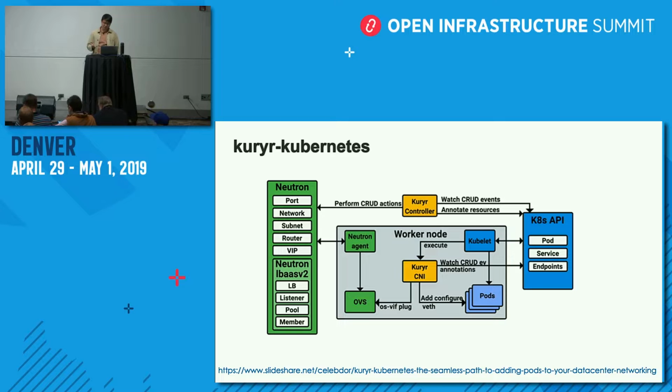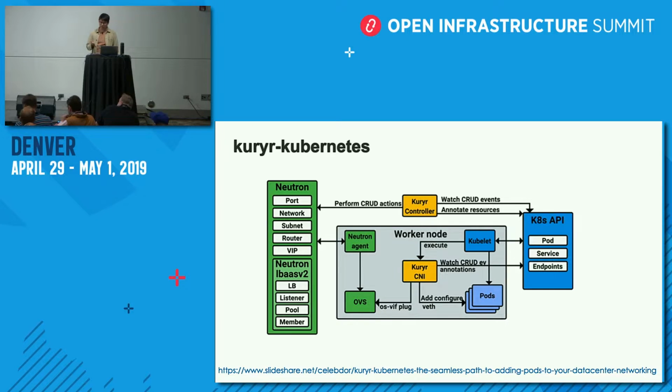That information is important for provisioning a pod. So Kuryr Controller will also inject that information to Kubernetes by updating the annotation of Kubernetes resources. So Kuryr Controller actually synchronizes data between Kubernetes and OpenStack Neutron bidirectionally.